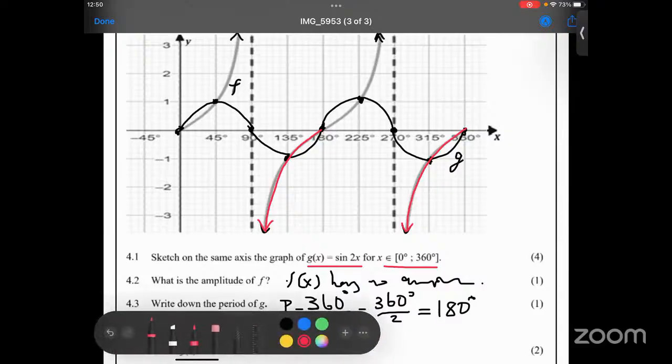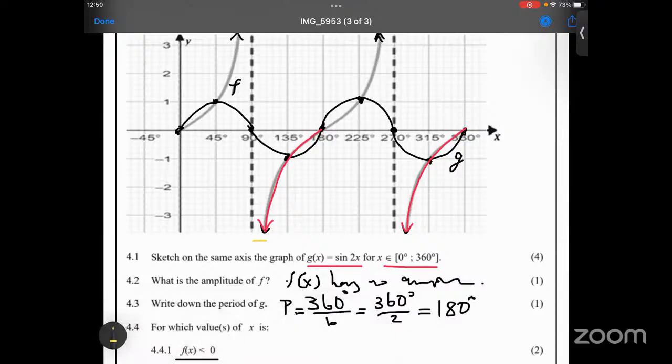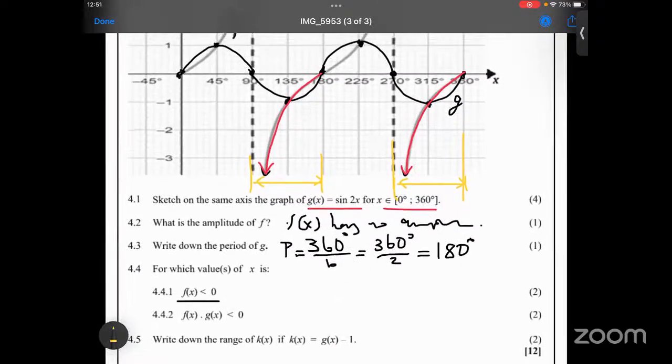If you check, it is between 90 and 180. I'm sure that I've explained many times how you interpret between: it is within that range. And again between 270 and 360. So it is between 90 and 180, and again between 270 and 360 degrees. I hope that part makes sense.